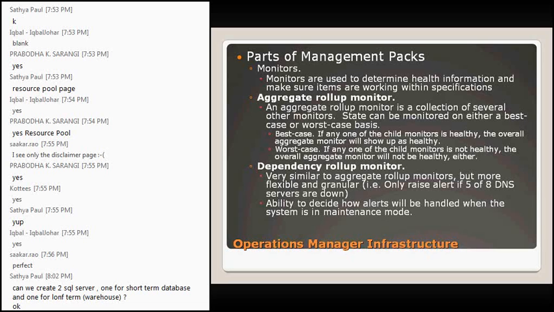It's again, as it talks about, aggregate. It's a collection of several monitors. And this collection is monitored either on a best case or worst case basis. What do you mean by best case and worst case? If you talk about best case, if any one of the child monitors is healthy, the overall will show as healthy.